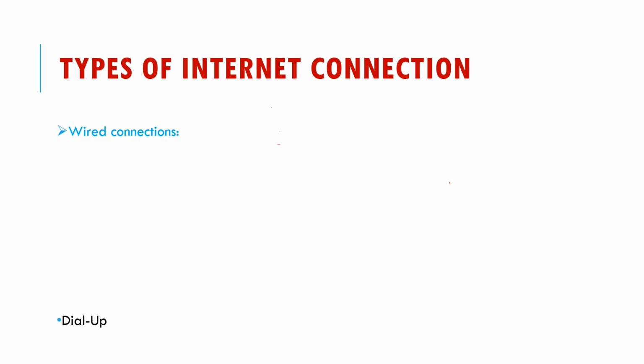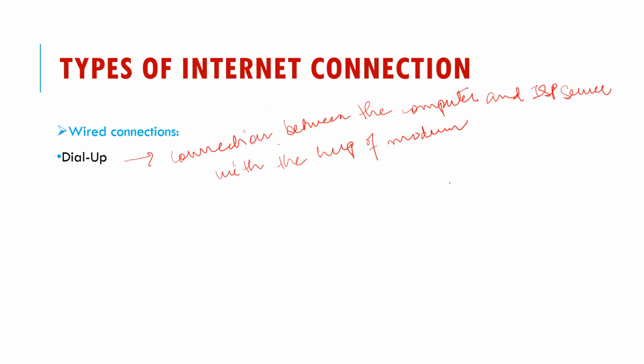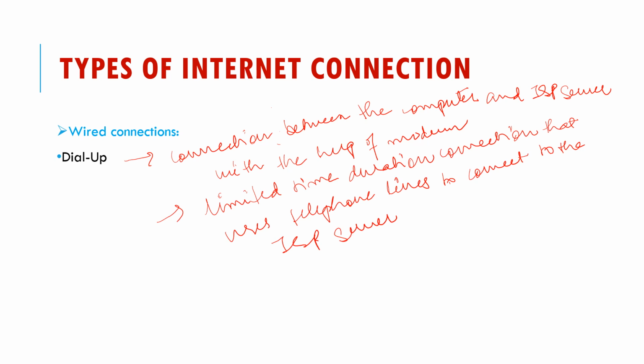Now in the wired connection, the first is the dial-up. A dial-up is a connection between the computer and the ISP server with the help of a modem. This connection is a limited time duration connection that uses telephone lines to connect to the ISP server. It is slower than other types of internet connection.